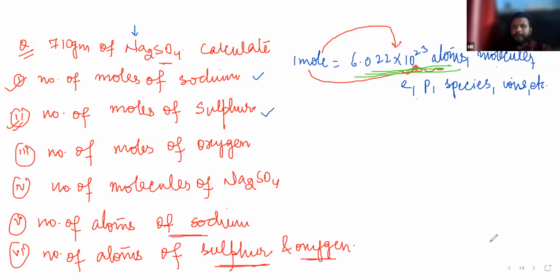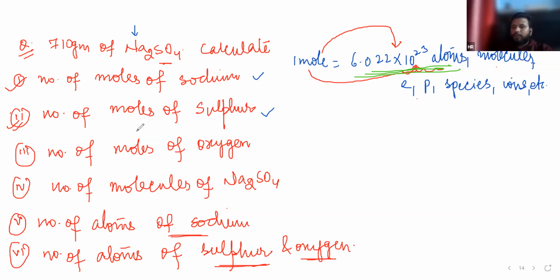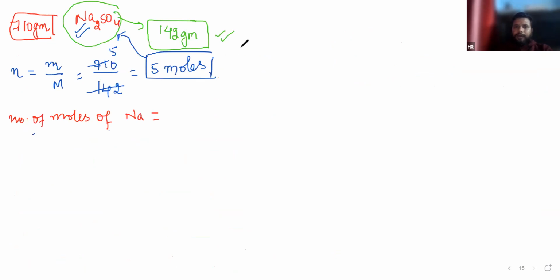Got it? Yes, sir. Okay, just see. Number of moles of sodium. Now, just see, the number of moles of sodium sulfate, Na2SO4, is 5 moles, and in 1 mole there are 2 atoms of sodium. So the number of moles of sodium will be equal to 2 into 5, that will be equal to 10 moles.